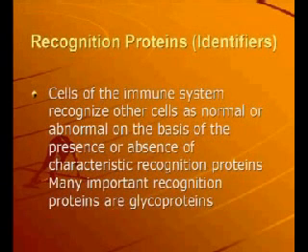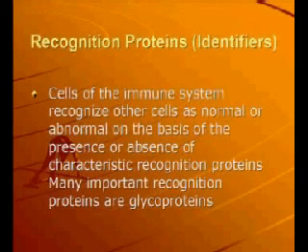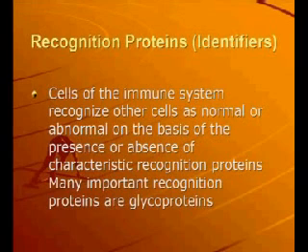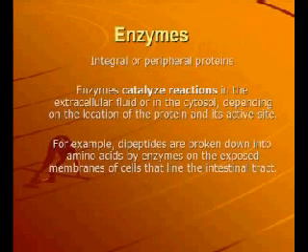In other words, for our immune system to be able to recognize our own cells as a part of our body and not an invading cell from, say, a microbe or a virus, the only way is because of specific recognition proteins or glycoproteins, which is a combination of carbohydrates and protein. These are recognition proteins or identifiers. Without those identifiers, our immune system will attack and destroy our own cells. So it's a very important characteristic.